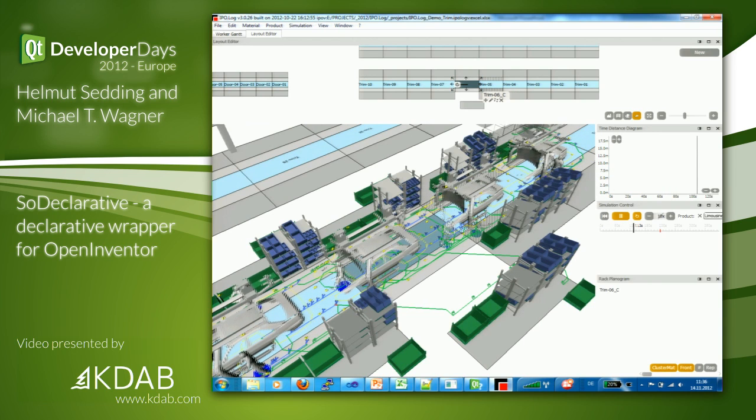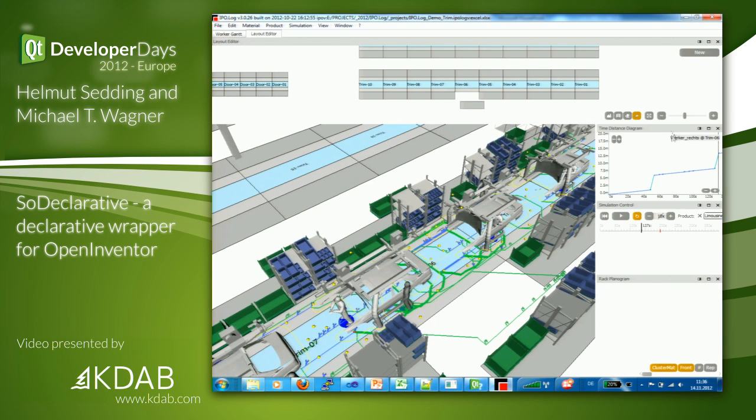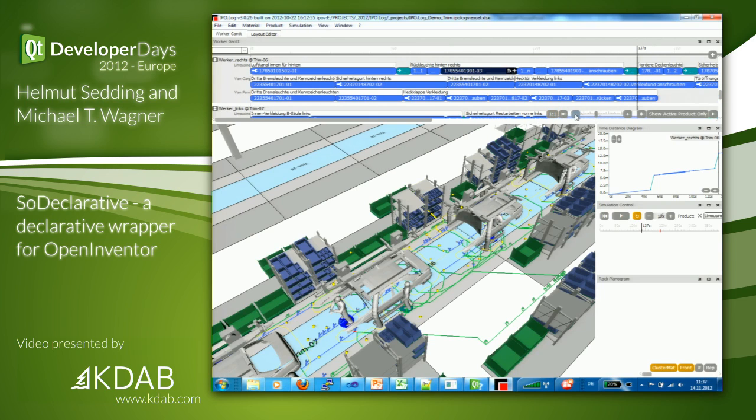If I click on a worker, I get some reporting information, how far he's walking and how much of his time is really being productive and stuff like that. I've got a worker Gantt chart which shows me his production steps, what he's actually doing. And that's all done with QML, right?